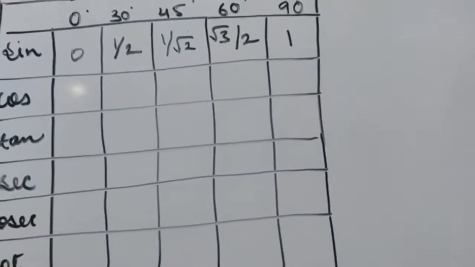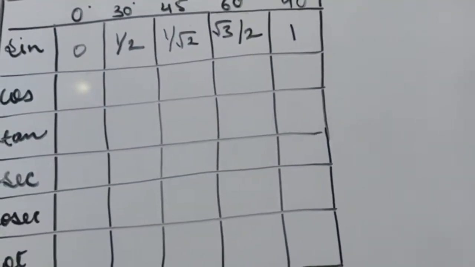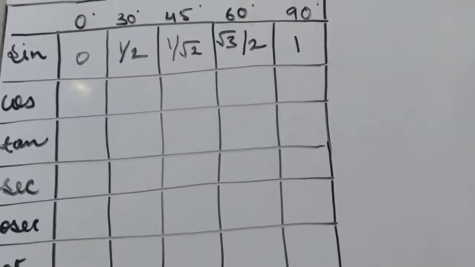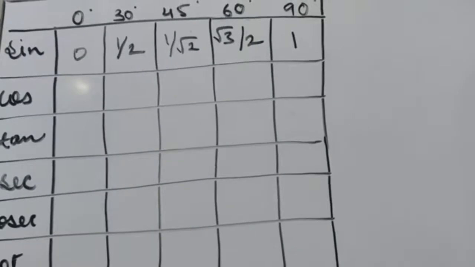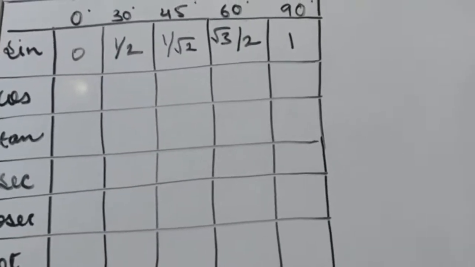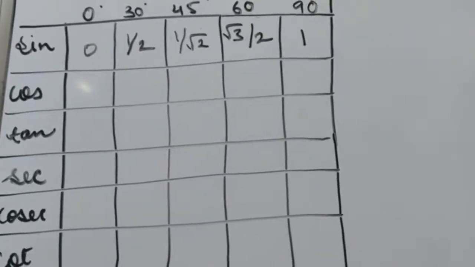So let us draw this table again with a small trick. You have to just memorize the values for sine ratio at 0 degree, 30 degree, 45 degree, 60 degree and 90 degree, and the rest of the ratios we will be writing based upon this single line.